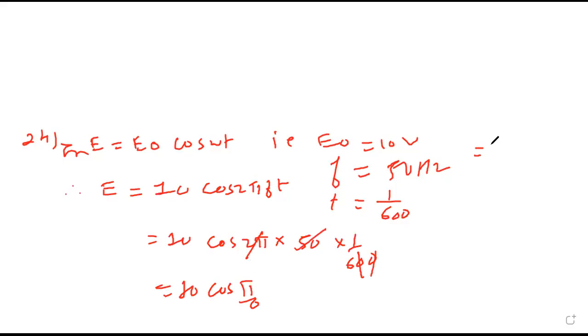Pi by 6 means how much, 30 or 60? 30. Cos 30 means root 3 by 2. So it is 5 root 3.